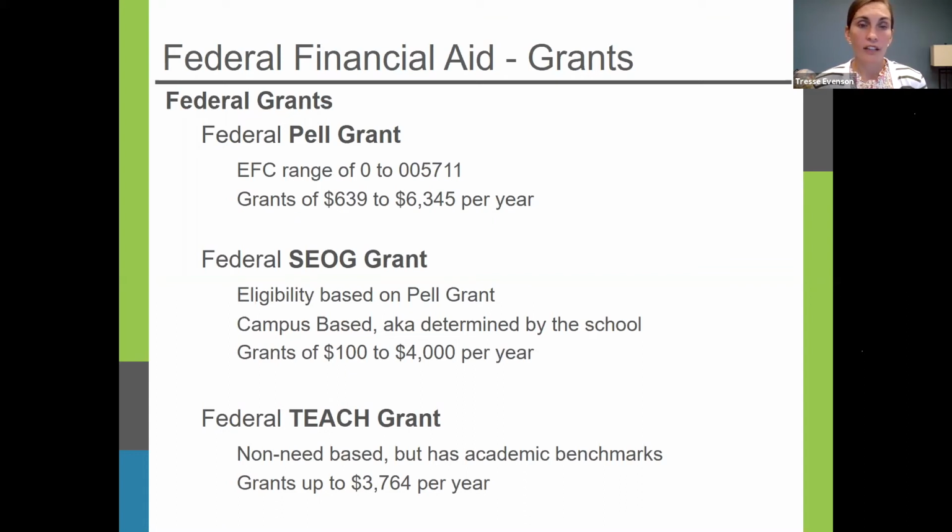All right, there's also a Teach grant, and Teach grants require the student to fill out a FAFSA, but they are not need-based. So your EFC can be anywhere in between that 0 and 999 range. Teach grants aren't need-based. The grant amount is just under $4,000. It's kind of a specific $3,764, and that's for the year.